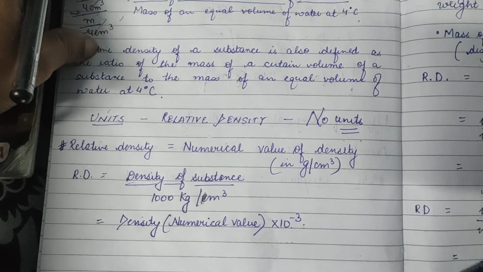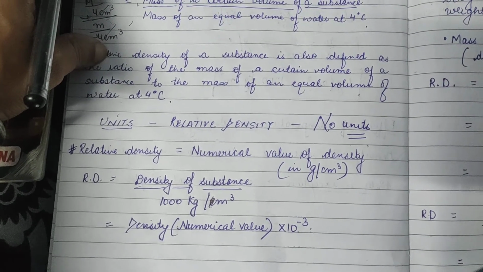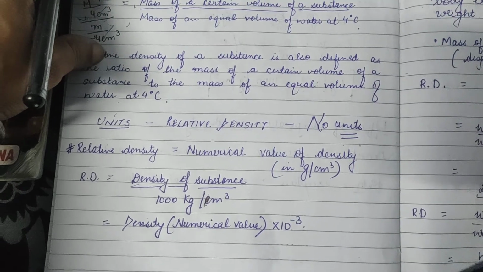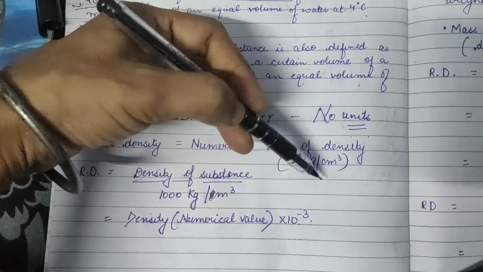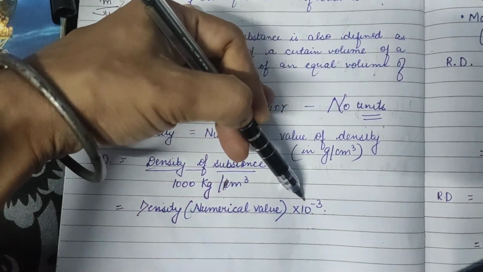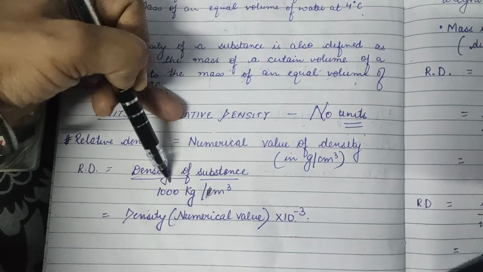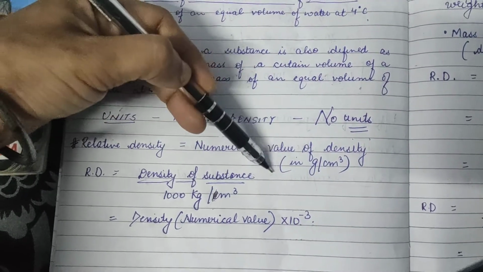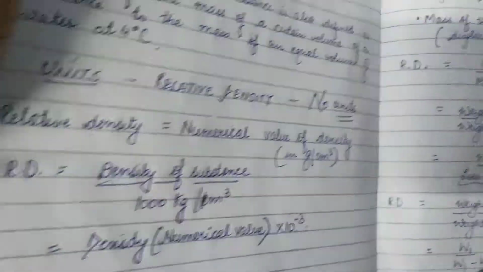But when we use the bigger unit, with density in kg per meter cube, the numerical value is multiplied by 10 raised to power minus 3. From where does this 10 raised to power minus 3 come? When the 1000 moves to the denominator, we get 10 raised to power minus 3.